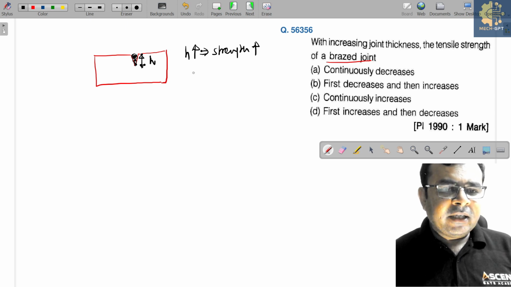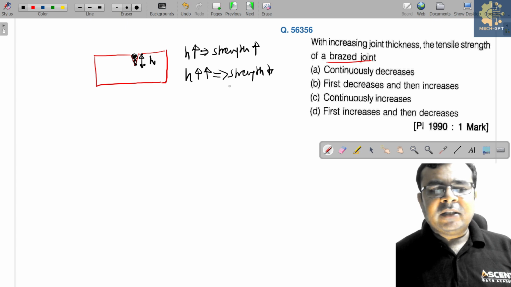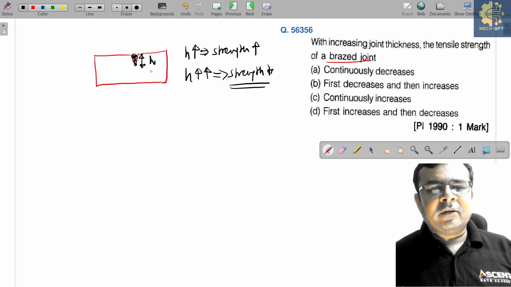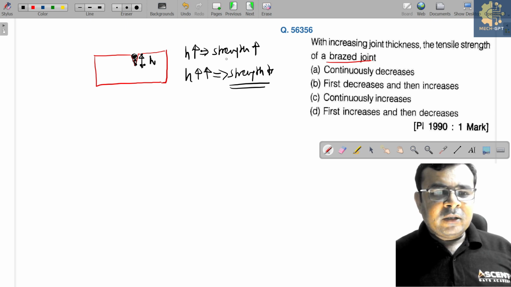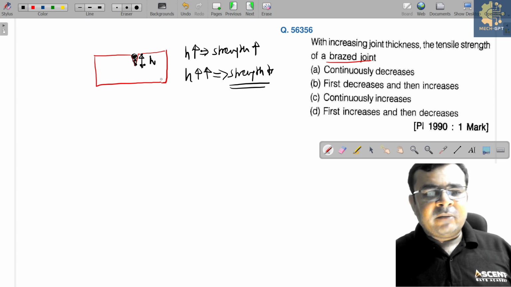But after a certain limit, if you increase this crack too high, then obviously the strength will start decreasing. Why will strength start decreasing? Because when you have a higher crack and you pour the brazed material, the strength of the brazed material is lower than the parent metal.